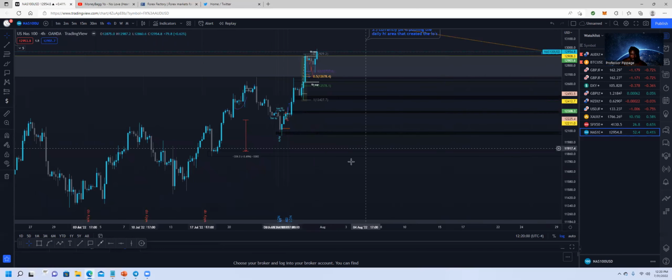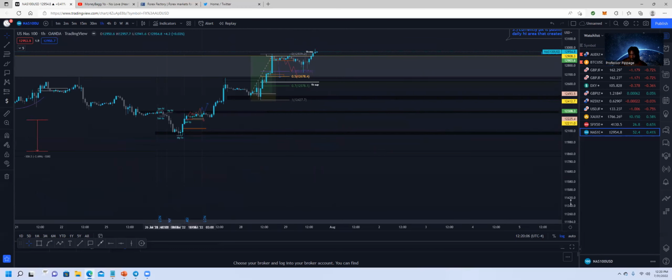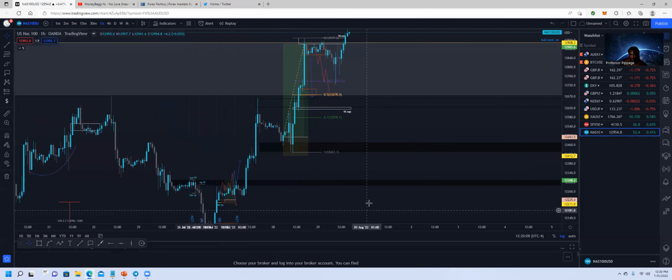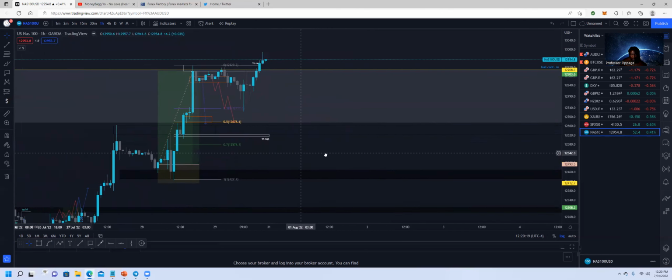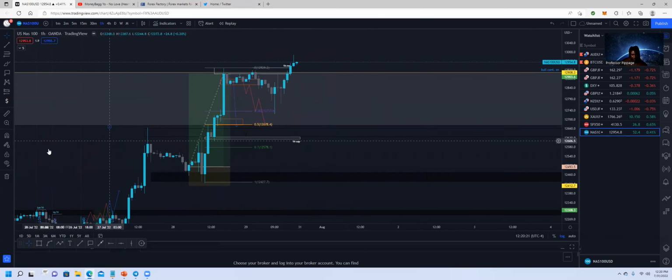So NASDAQ is pretty much the same. Breaking up, breaking up, breaking up. On that 1 hour chart, I was looking at this Thursday night on the live stream. If you watch the channel, go back and you can review how we had this whole trade idea outlined and set up. As you can see, the 38.2 is the level that was identified during that live video session.